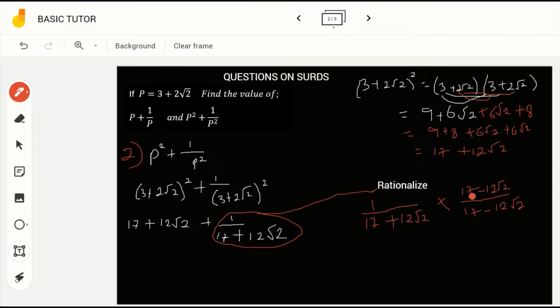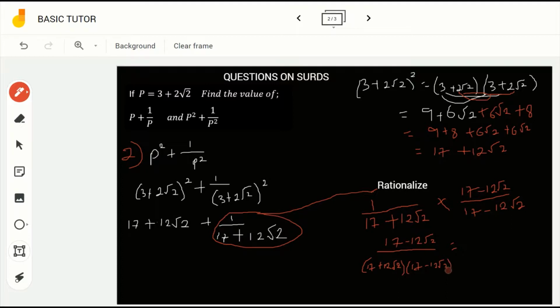So 1 times 17 minus 12 root 2 is 17 minus 12 root 2, divided by 17 plus 12 root 2 times 17 minus 12 root 2. We can solve this in a different way.